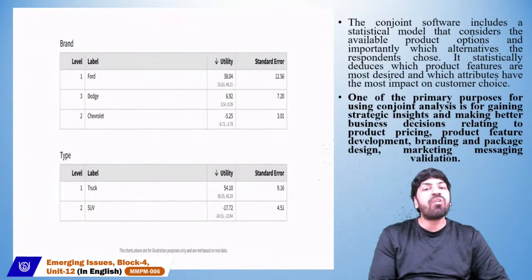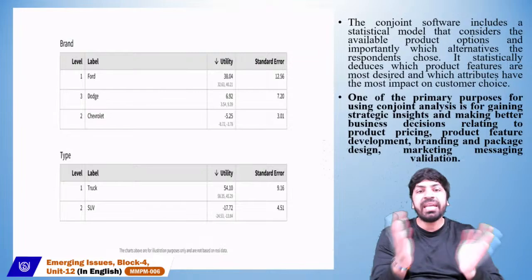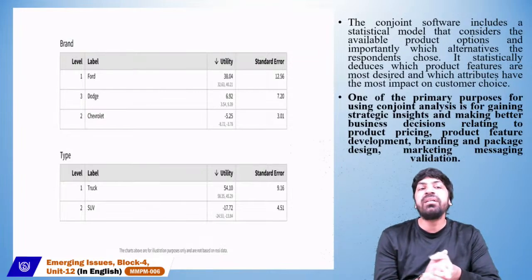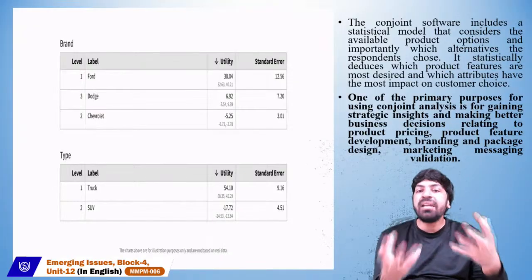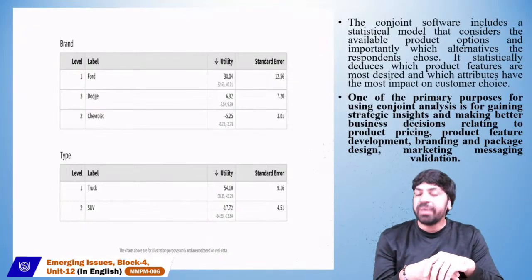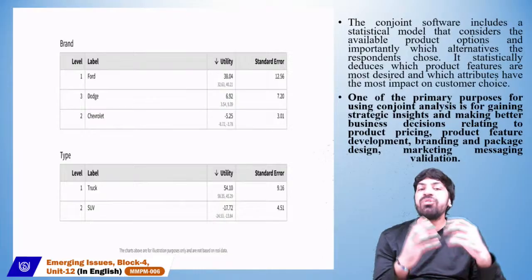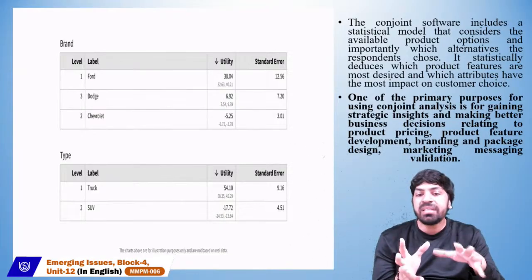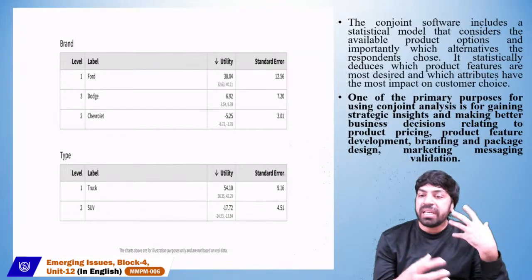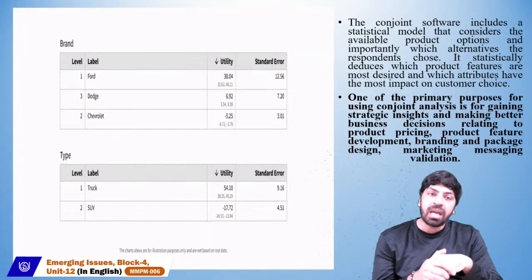So the conjoint software immediately gives the results where the labels, the brand and the type, the standard errors have been estimated, the utility and the correlational values have been estimated, and accordingly we can conclude our results.